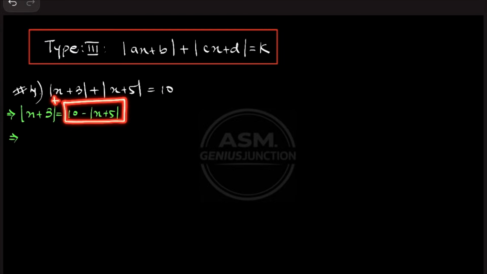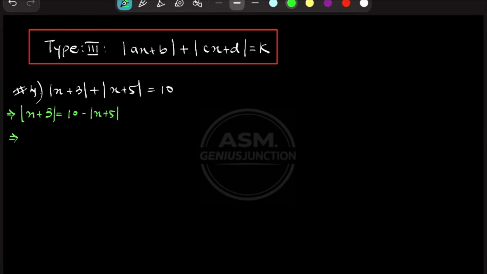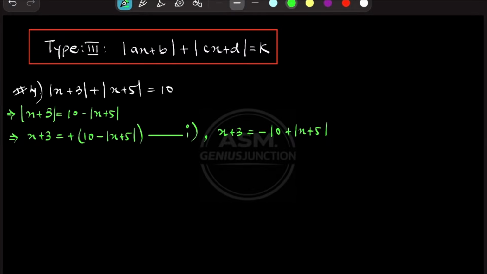So I will open it with a positive sign and with a negative sign. This is going to become x plus 3 equals 10 minus mod x plus 5. This is your equation number 1, and then I can write x plus 3 equals minus 10 plus mod x plus 5. This is your equation number 2.